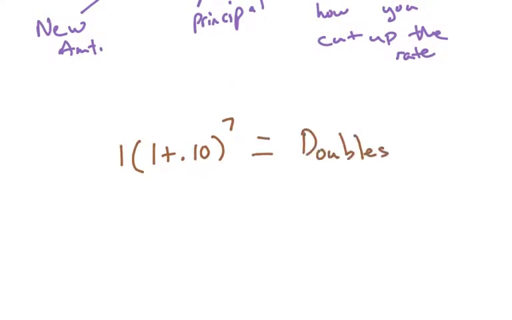Okay. So what does that mean, right? If we're trying to write this mathematically, what we're saying is that (1 plus 0.1) raised to the 7th should equal what? Well, it should be equal to 2. And why? Because if 1 doubles, it should be at 2.